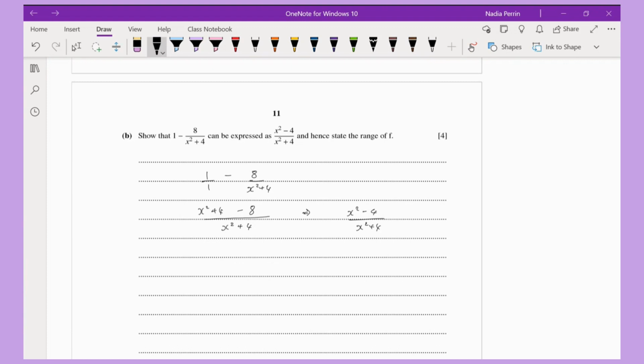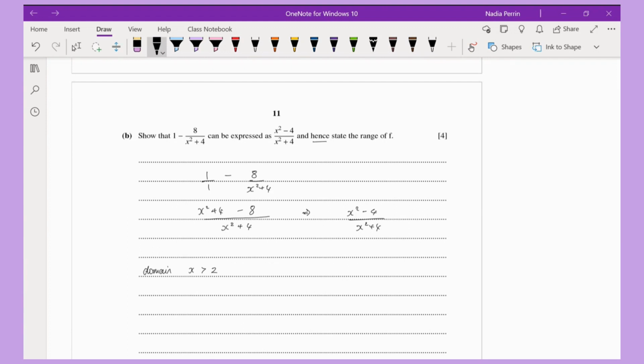Okay, so we've showed that. And then it says, and hence state the range of f. You'll remember from the first part of the question that the domain of the function was x is greater than 2. So we need to investigate what happens when x is greater than 2. Let's look at what happens when x is actually equal to 2.